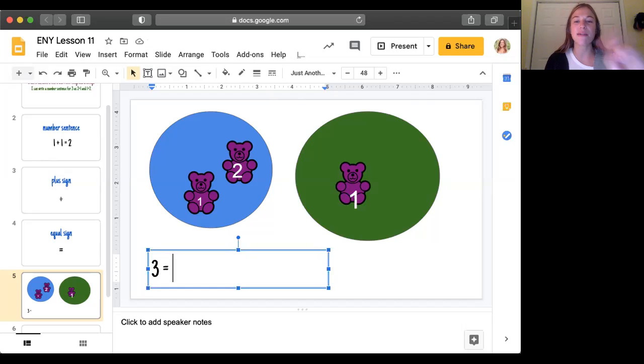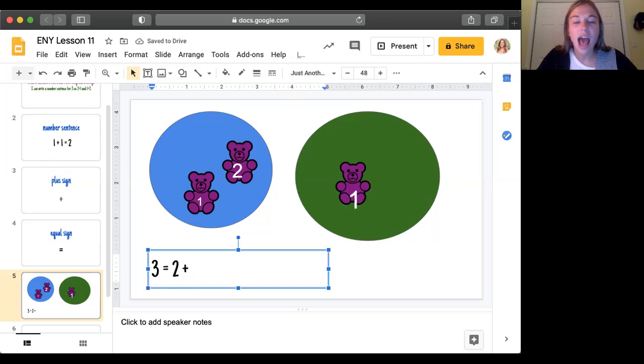So I see, because I labeled, that I have 2 bears in the water. So I have 2 bears that are swimming. So I'm going to write a 2 in my number sentence. And then when I write my number sentence, what else do I have to add to it? Yes, I have to add a plus sign. So I am going to write a plus sign.